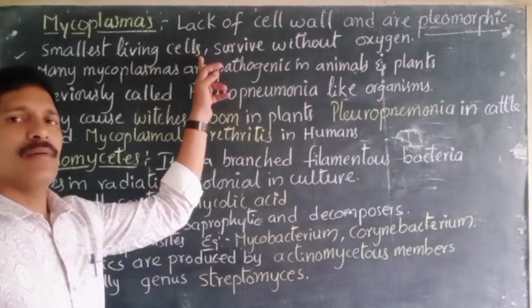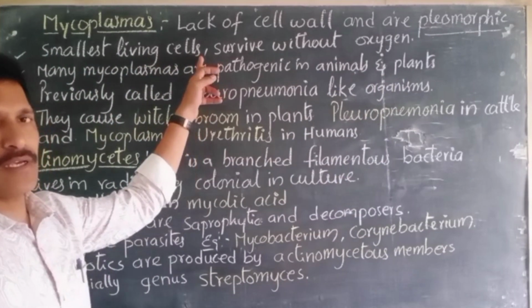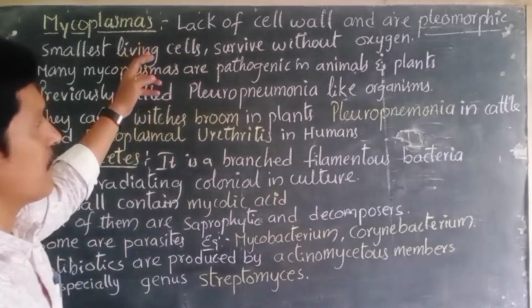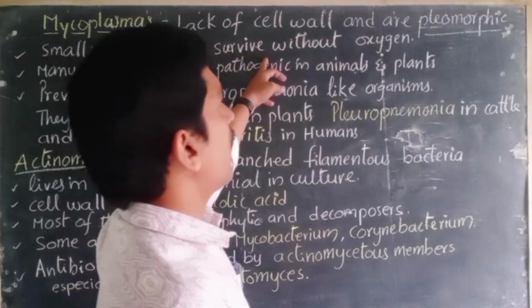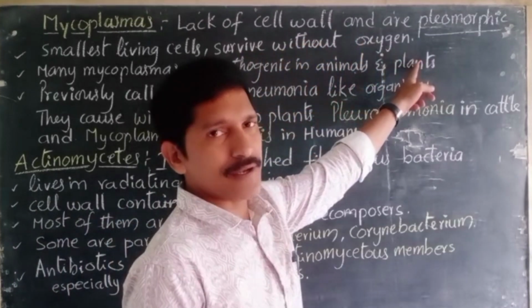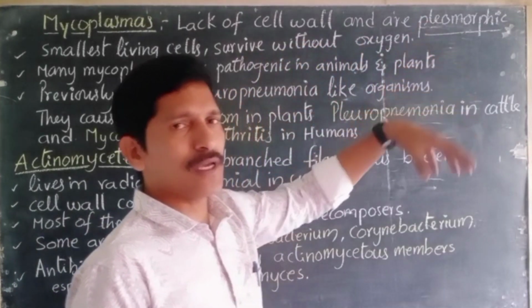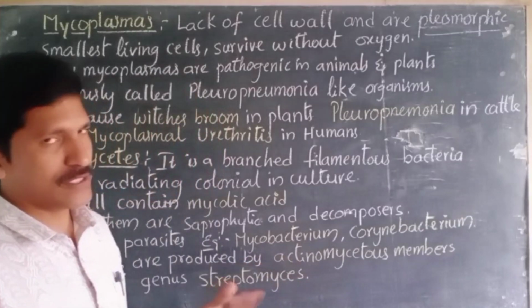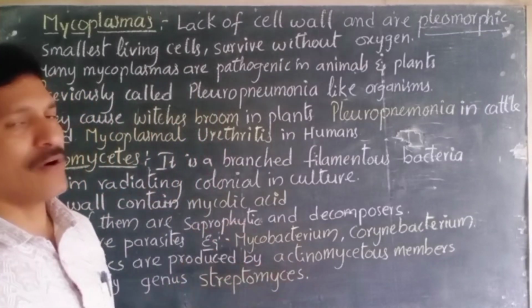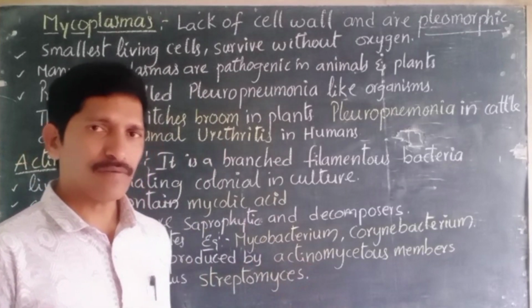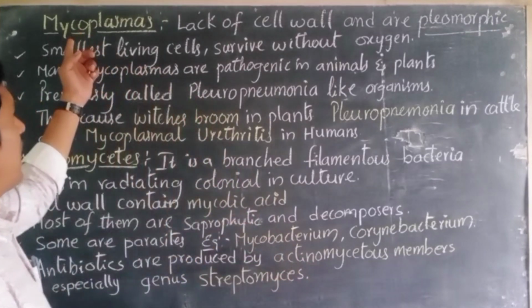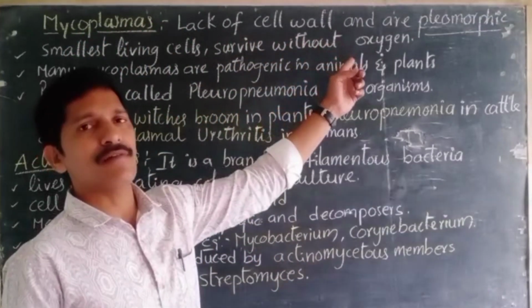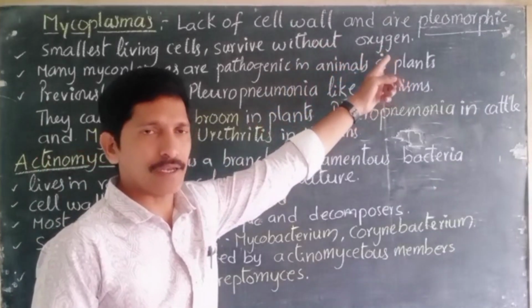In the microorganism world, these are the smallest living cells. And these are able to survive without oxygen. Generally the majority of microorganisms can survive without oxygen, because they perform anaerobic respiration, and the same way mycoplasmas are also able to survive without oxygen.